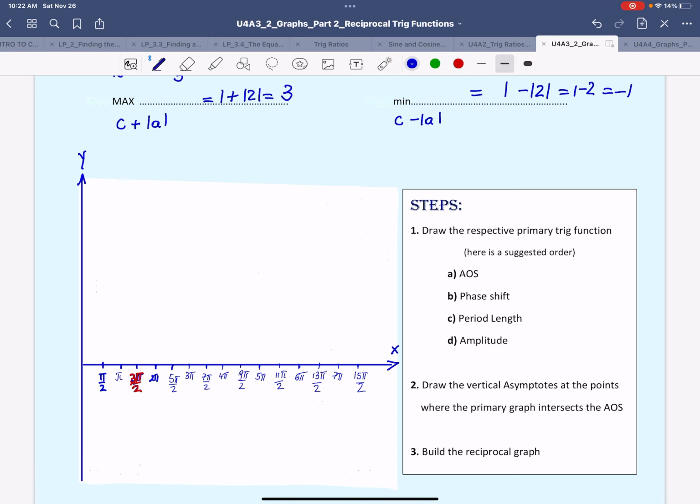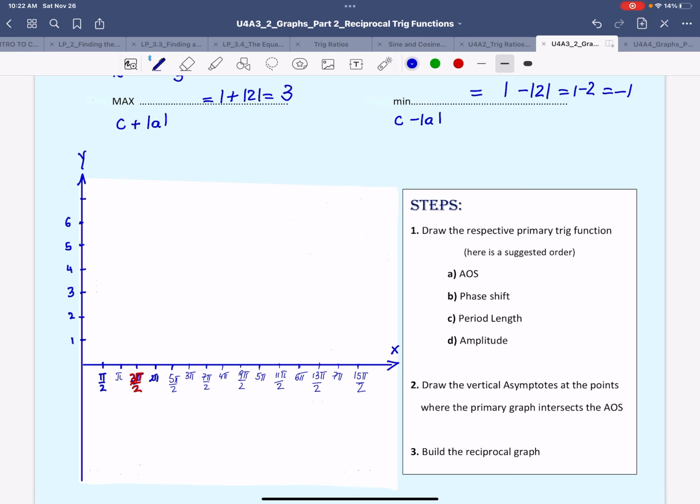So which means that you have to check and see if you have enough space to fit 3 units. So in this case, I'm going to say that this would be 1, this would be 2, and this would be 3 units, which will mark the maximum of the sine. And I will continue to scale the axis, and that's because we are planning here to draw the graph of the reciprocal.